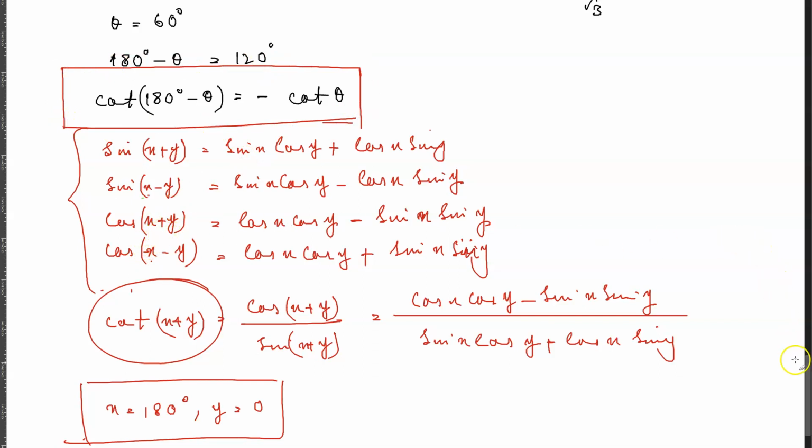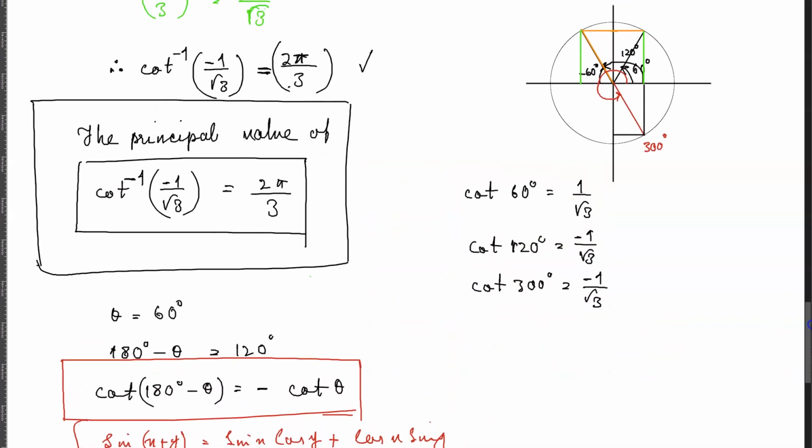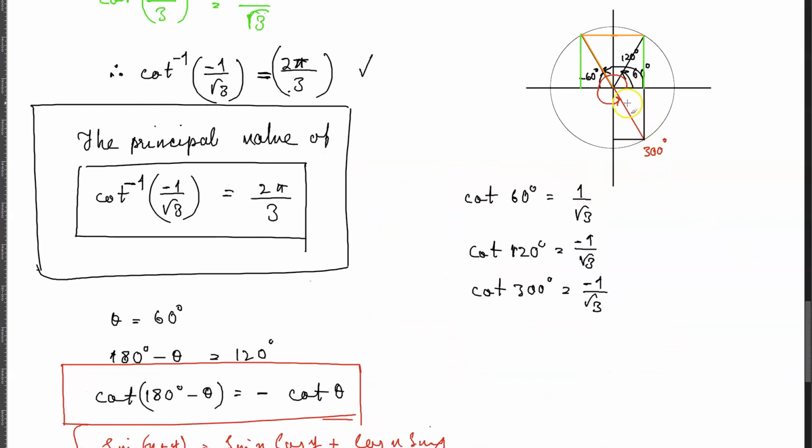And moreover, based on what we said here, you can see that 300 degrees is the same thing as 360 degrees minus the angle theta, which is 60 degrees.